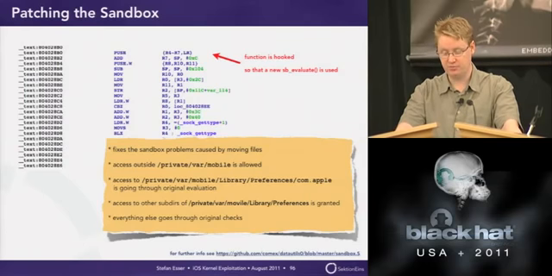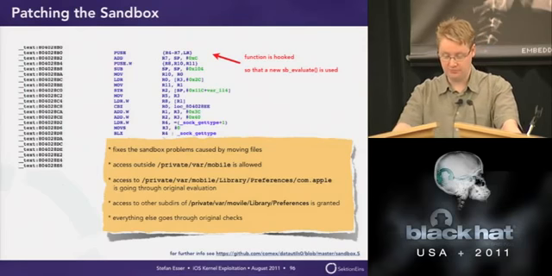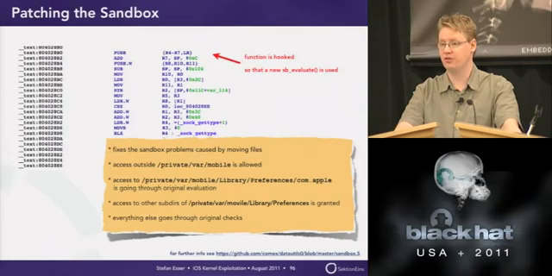If the access is inside private var mobile library preferences com apple something, it's going through the original evaluation. It's passing to the original handler. When it's in another subdirectory of this private mobile library preferences, then access is granted. And everything else goes through the original check. So you see that the sandbox is not completely disabled here. They just made some exceptions so that it would still work.